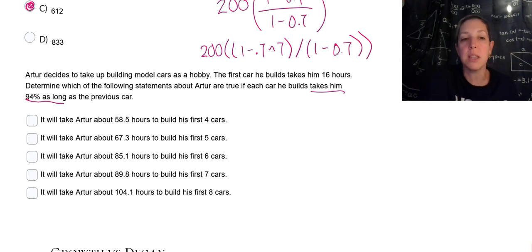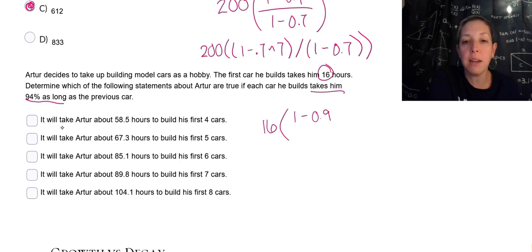But because it's worded this way, you just use the 0.94. So again, we would have for this first one, if it's got 16 hours, 1 minus 0.94 over 1 minus 0.94.